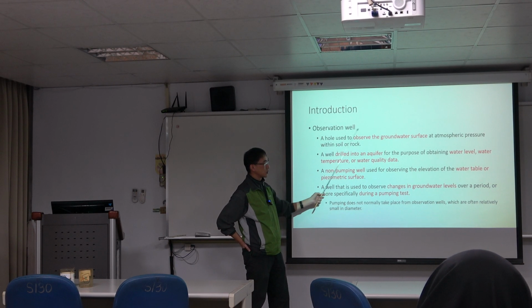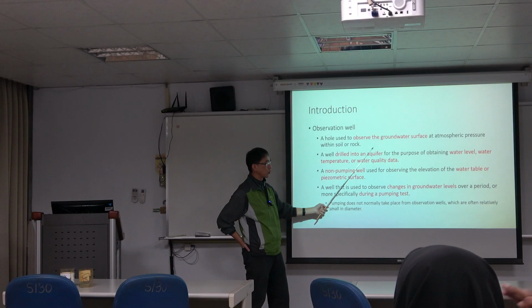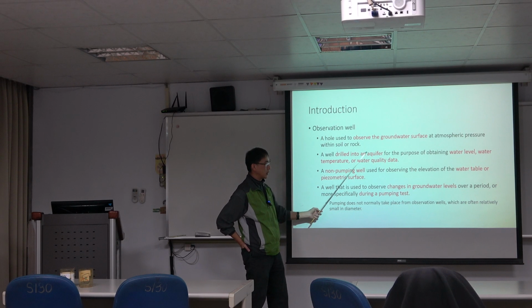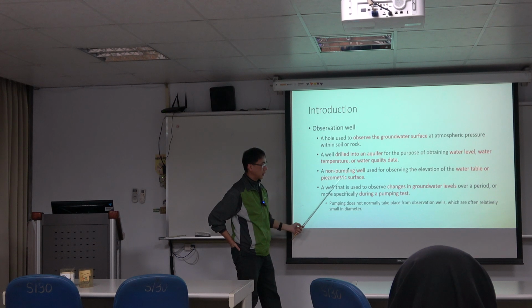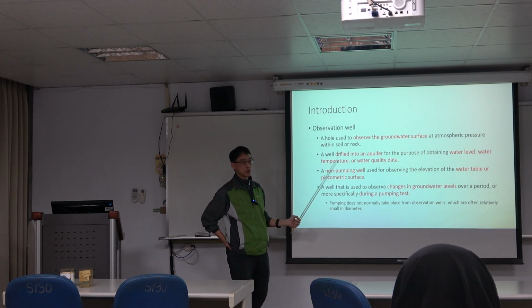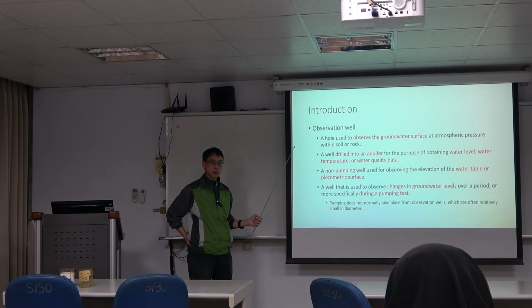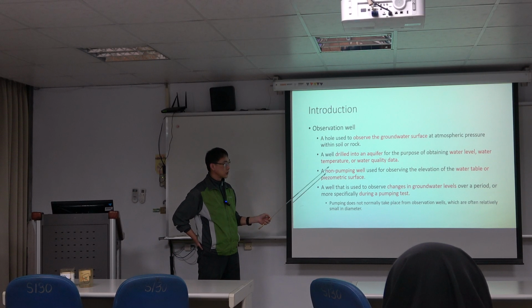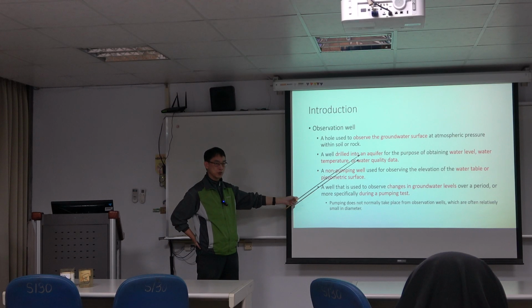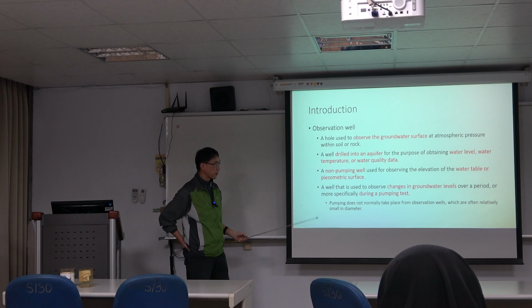This is to observe groundwater levels, and they also assess temperature and quality, because the original concept is still water resources. They want to take the water for use, so water quality is very important. They need to confirm whether the water quality meets the drinking standard or not.